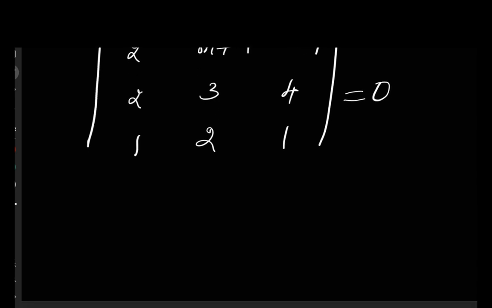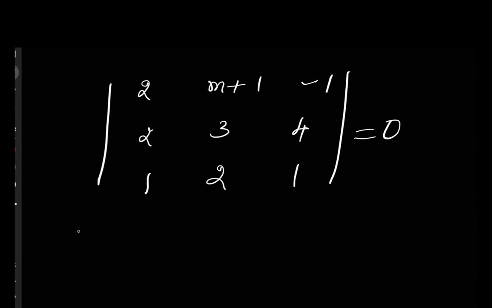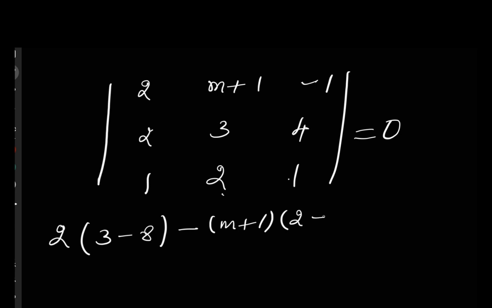Now we will solve the determinant. So 2 into, first term, leave out the row and column: 1 3s are 3 minus 4 2s are 8, minus (m plus 1), leave out this column and the row: 1 2s are 2 minus 1 4s are 4, minus 1 into 1 2s are 2 minus 1 3s are 3.